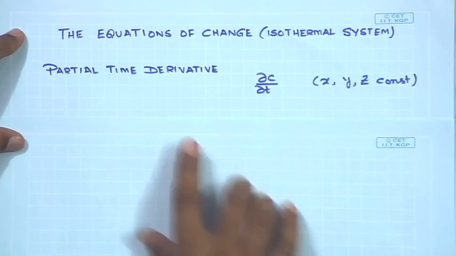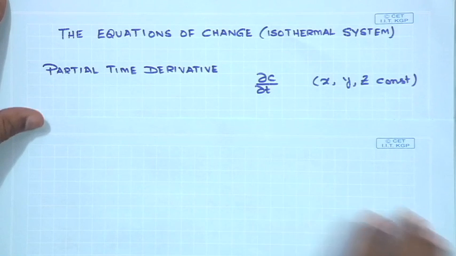So, every second you try to see how many blue shirts you can see, while you are stuck at a position. So, you are at the center of the reference frame, which is static, which does not move, and any quantity that you measure as a function of time is known as the partial time derivative.